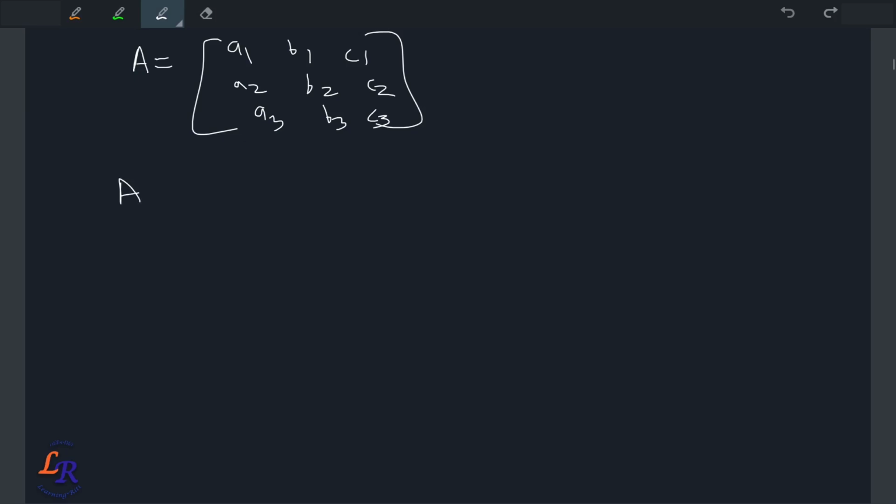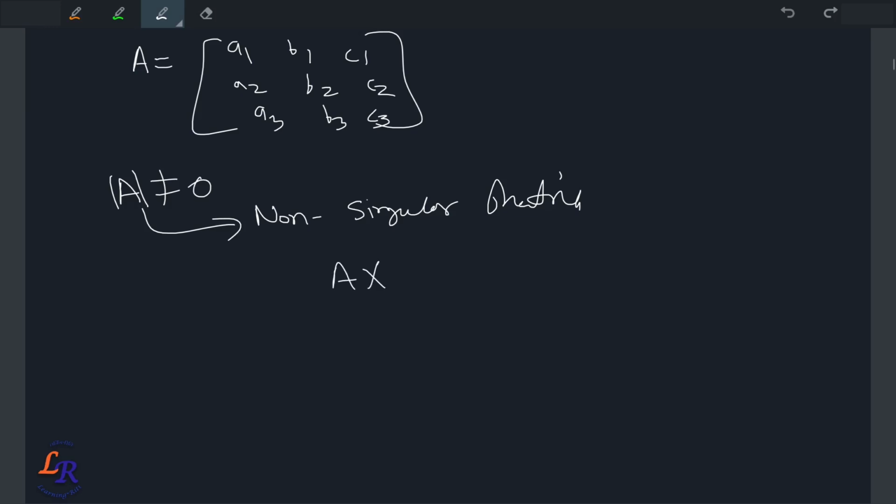Now if you have a condition such that the determinant of A is not equal to 0, that kind of matrix is called a non-singular matrix, which means A inverse exists. So in this case, if you write the matrix equation AX is equal to B, and the inverse exists, then you can multiply on the left side of both, so you have A inverse AX is equal to A inverse B.